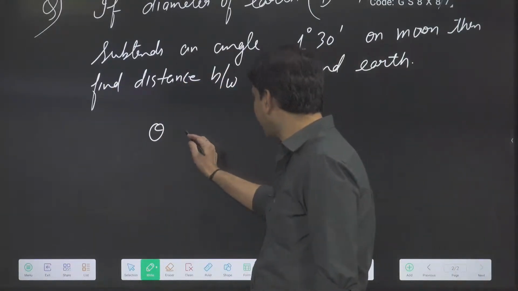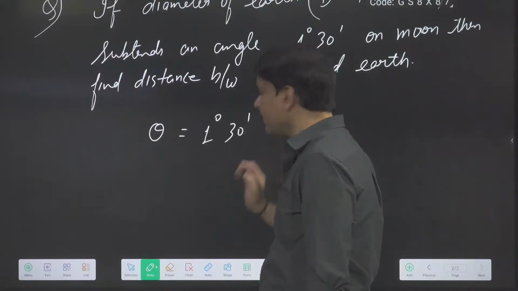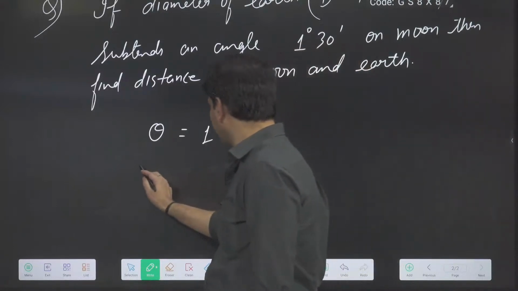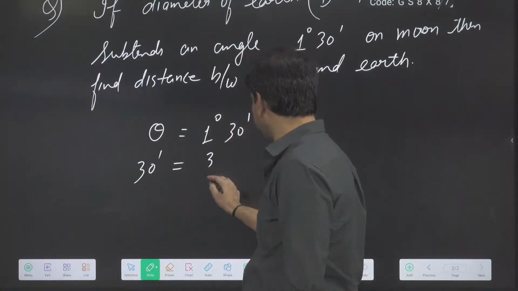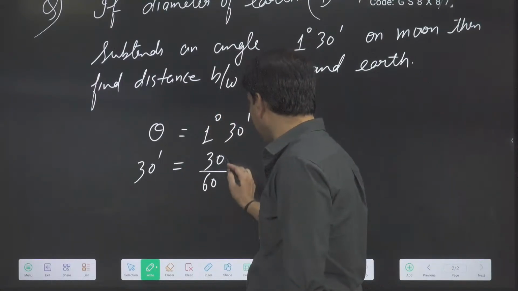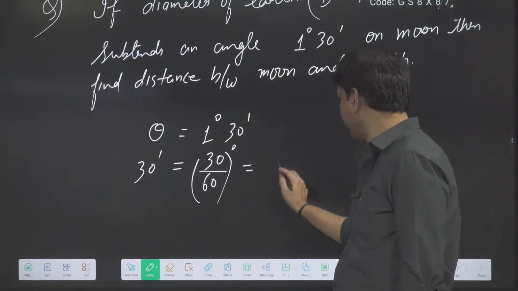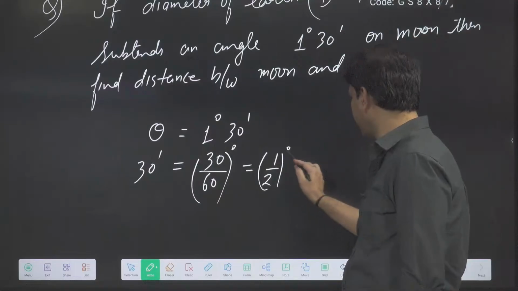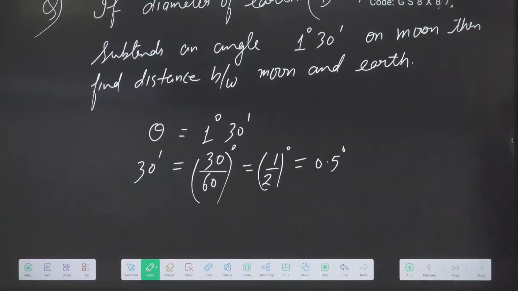So theta is 1 degree 30 minute. 30 minute is equal to how much degree? I can say 30 by 60, all of which we have done in basic mathematics. That is equal to 1 by 2 degree, or 0.5 degree. So 30 minute is 0.5 degree.